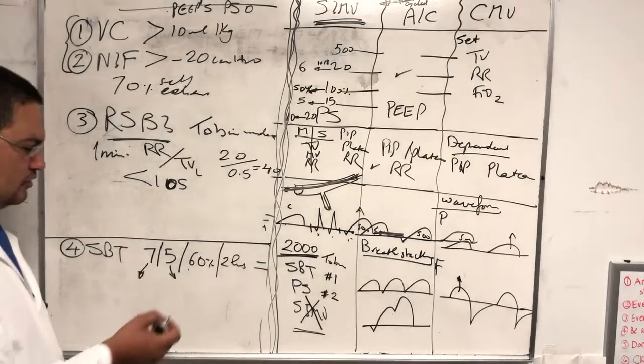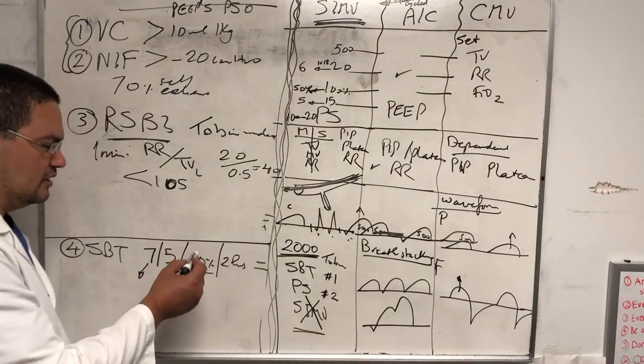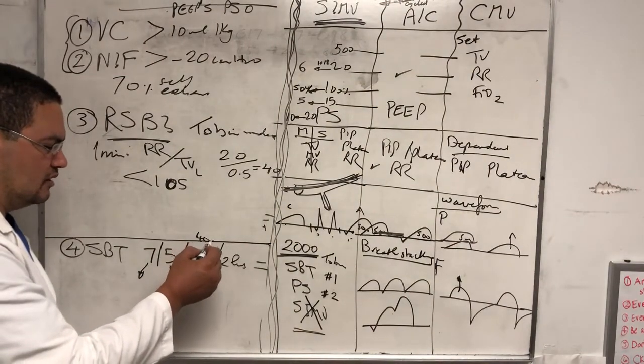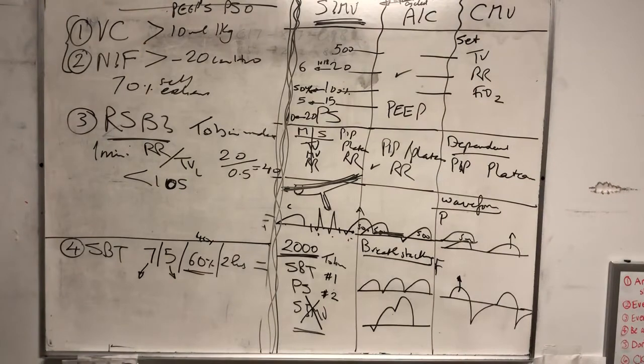So that's well known. Why 40%, by the way? Why are most of the vents at 40%? You've seen that, right? Everybody's at 40%, that's the natural thing to do. Any idea where that came from? It came from the nasal cannula. The maximum for the small nasal cannula is what, 6 liters per minute, right?